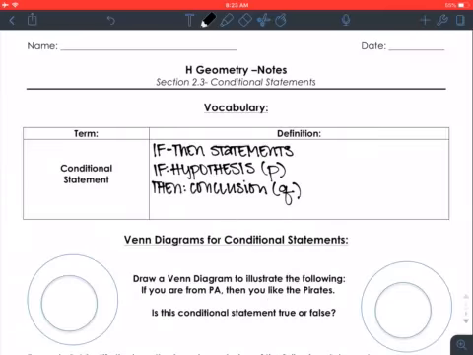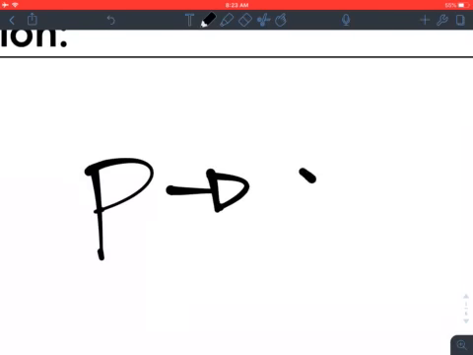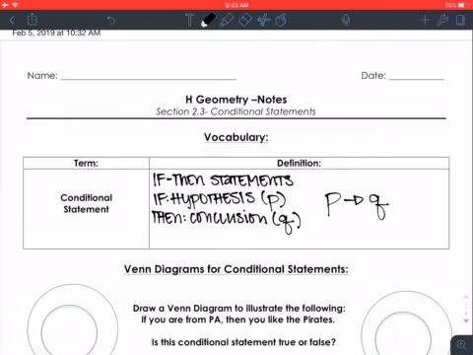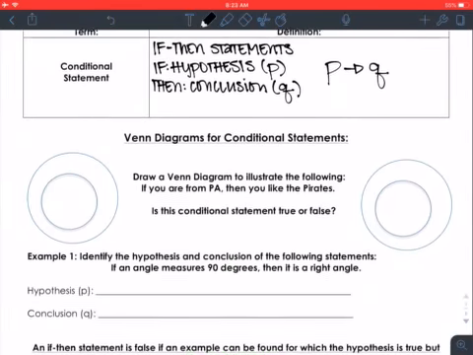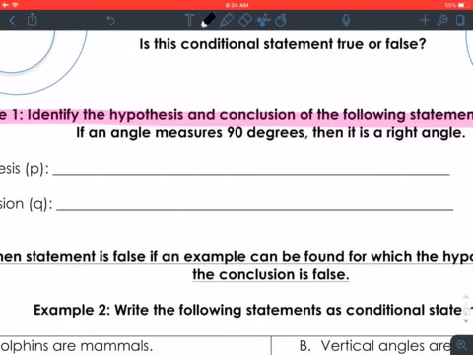Okay? And within these statements, what we say is our hypothesis, our P, implies, so that little arrow right there means implies Q. Okay? So if we pop down to this example one right here, it says identify the hypothesis and conclusion of the following statements. And we have, if an angle measures 90 degrees, then it is a right angle. So if we look at those two parts, we're going to identify our hypothesis and then we're going to identify our conclusion.